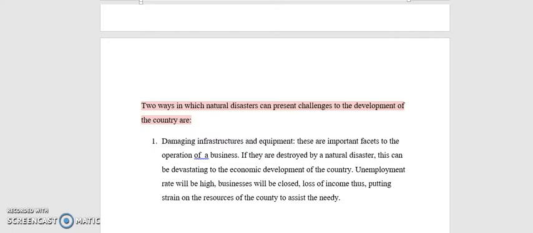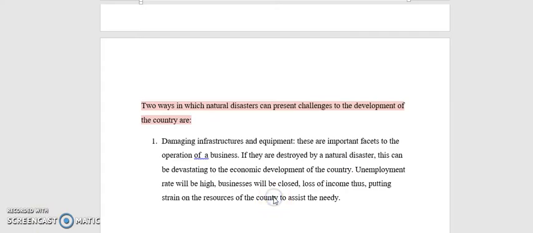So if the infrastructure and the equipment are damaged by natural disaster, this can lead to a devastation on the economic development of the country. Unemployment rate will be high, businesses will be closed, loss of income, right? And if persons are not earning an income because they are unemployed, this will put a strain on the resources of the country to assist the needy, right? So that's my first reason.